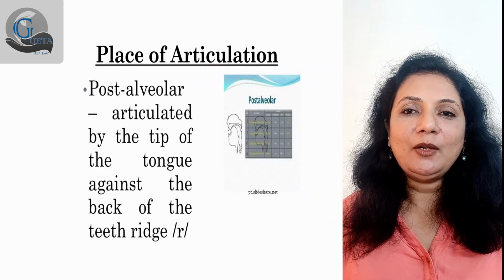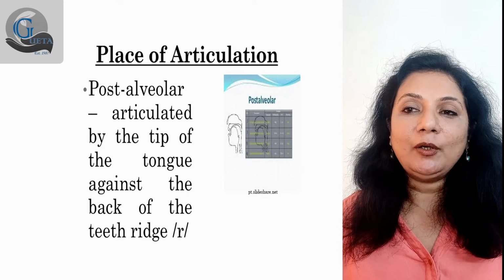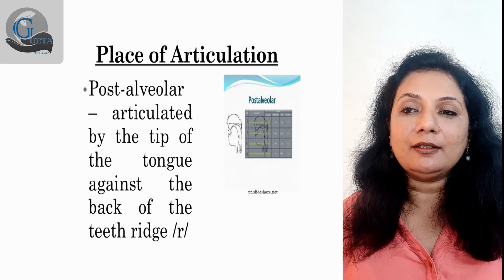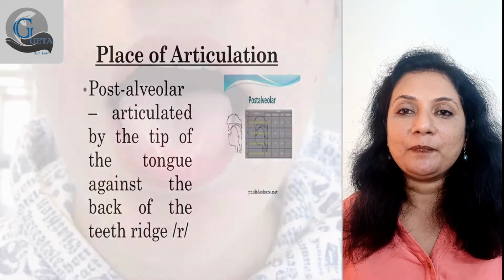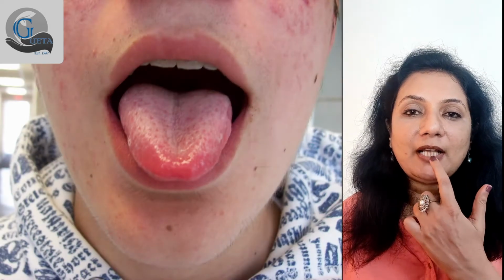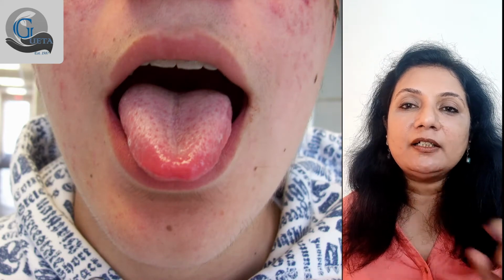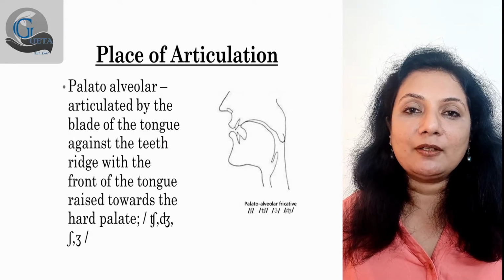Let us now look at the post-alveolar sounds. Post-alveolar sounds are articulated by the tip of the tongue against the back of the teeth ridge. So the tip of the tongue, this part will touch the back of the teeth ridge. R. Now the next one is palato-alveolar sound.